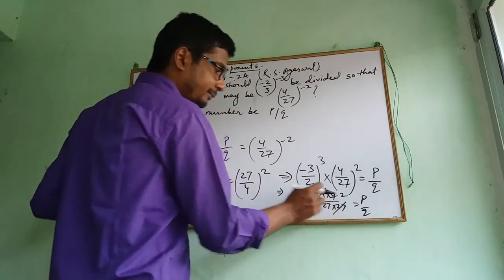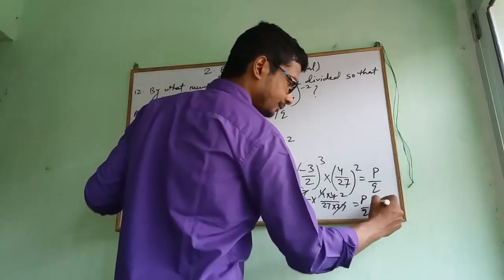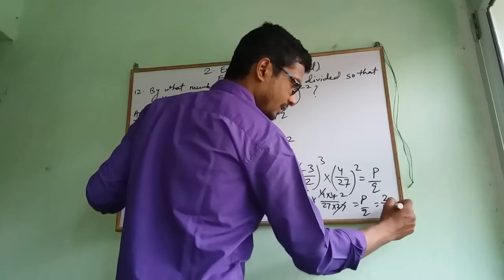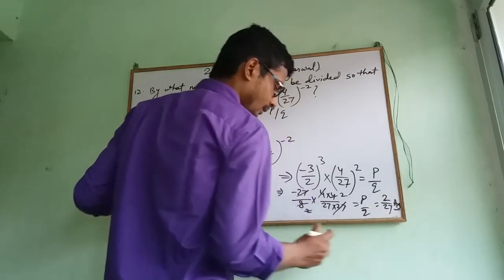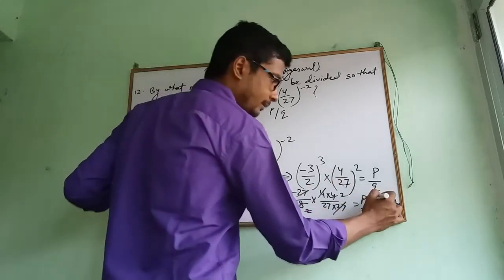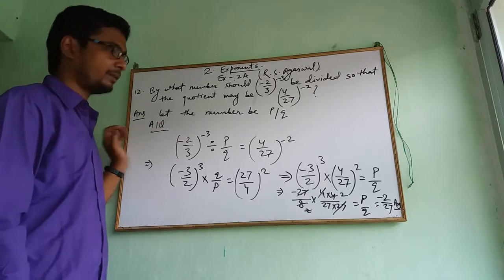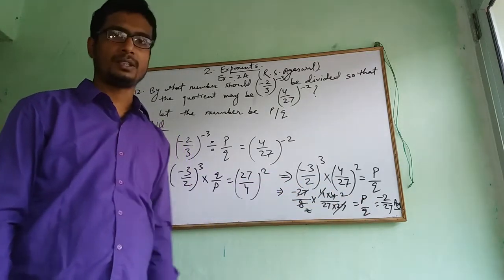So the answer of P by Q is 2 by 27. You can see here one minus sign is here, so my answer must contain minus. So the answer of question number 12 is minus 2 by 27.